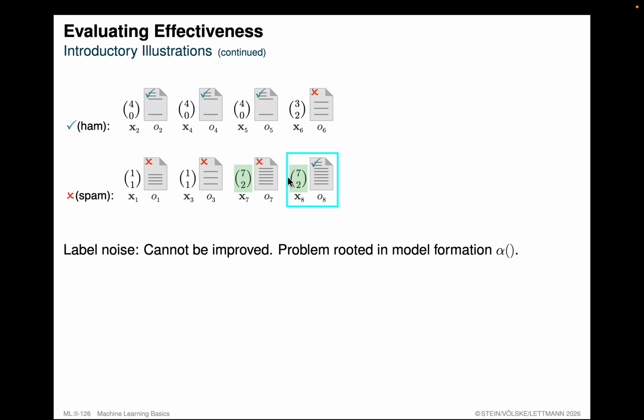We can't draw a line between two objects which are on the exact same dot in the feature space. So the only thing that we can do is go back to the drawing board and find different features which help us differentiate these two emails. This is what is called label noise, and it also cannot be avoided.